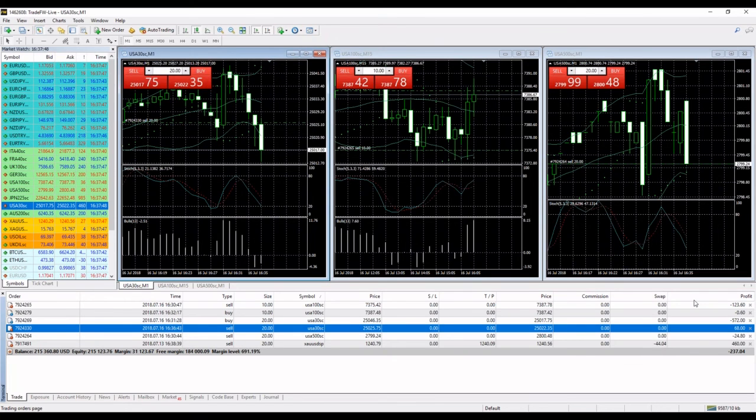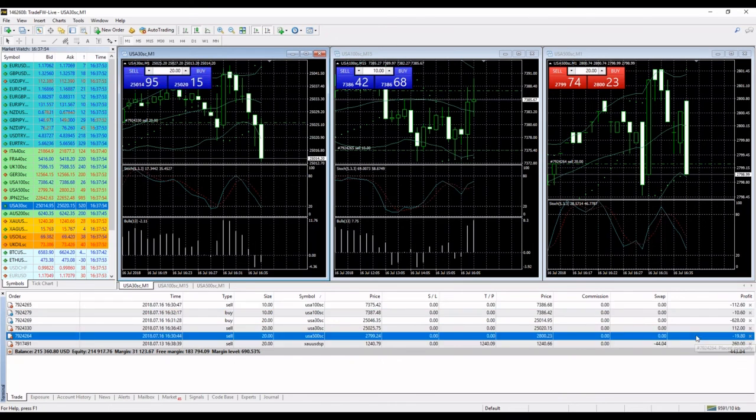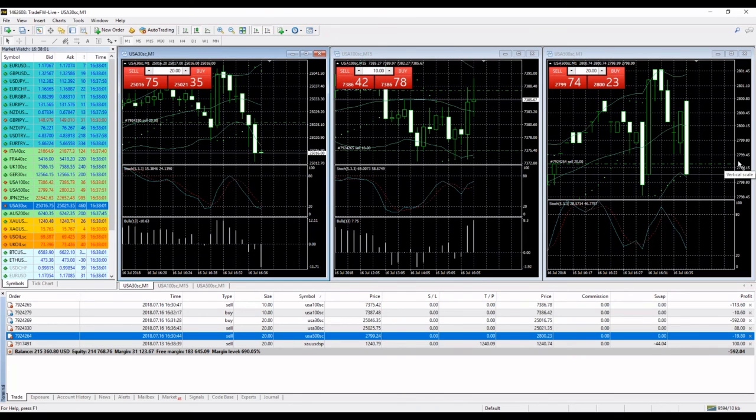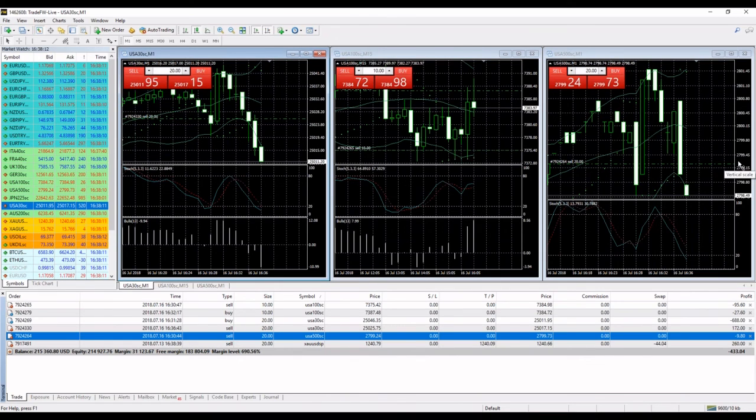USA 100, we are hedged. USA 500, we are short, and the market starts to move in our favor. Hopefully soon we will get some money on USA 500. Currently we are making money on USA 30, on gold, and on USA 500.